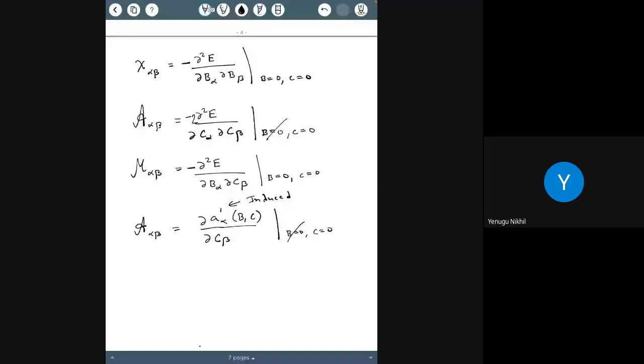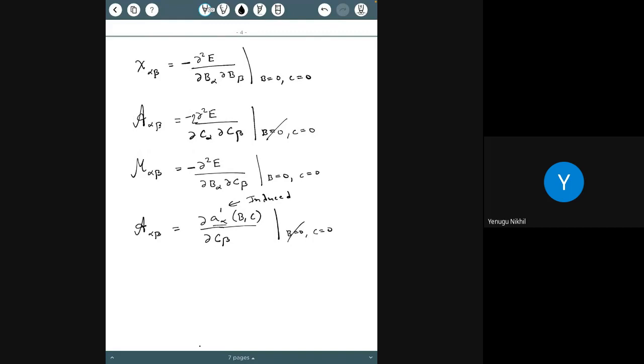You can compute what are called analytic derivatives of a theory and evaluate the induced anapole moment as an expectation value directly.